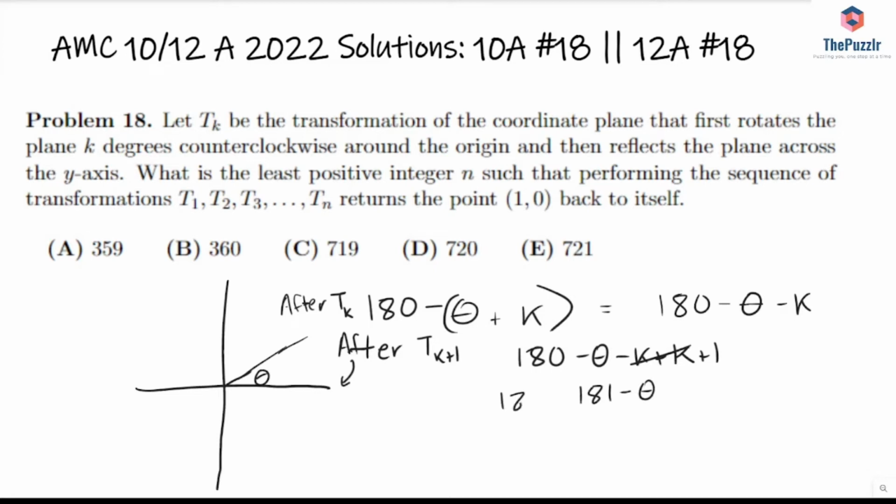Then we subtract this from 180 again because we're flipping over the y-axis. This gives me theta minus 1 degree. So after two transformations, I've just moved it down 1 degree.